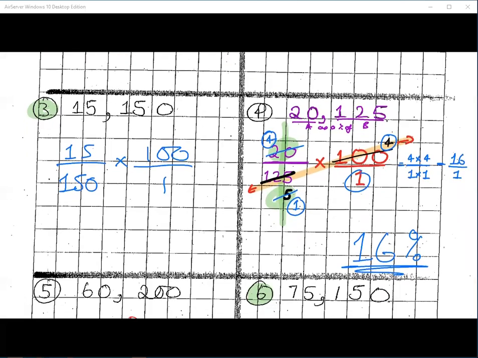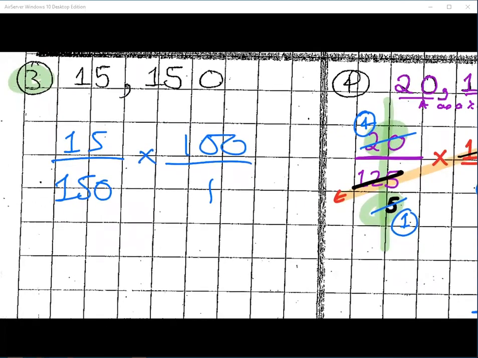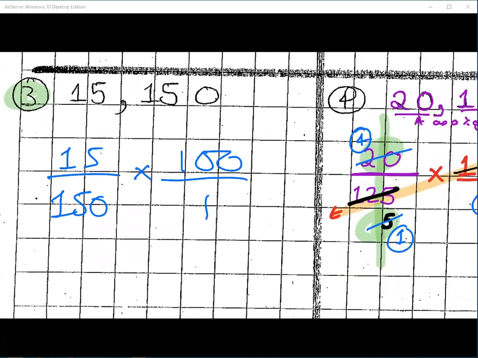So we have now 15 over 150. For this one, I want to use the traditional method. So I'm going to try to cancel now. We can cancel vertically straight away. We divide that by 15, we divide that by 15. That gives you 10. Then we can try to cancel in a different direction.